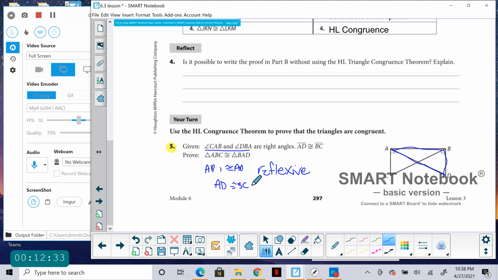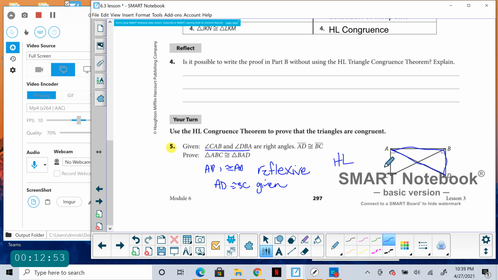That was given. And then we got AB congruent to AB from reflexive. So now we have right triangles with a hypotenuse and a leg congruent. So we have the HL congruence.